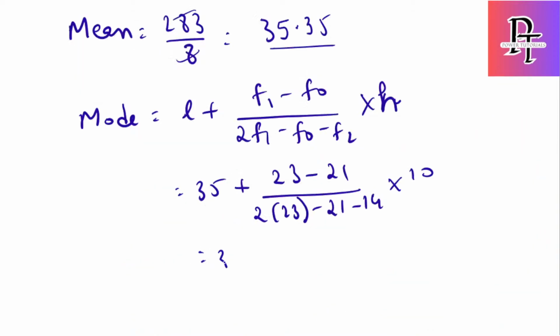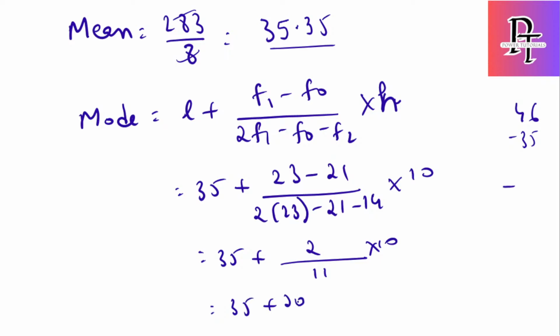So simply it is 35 plus 23 minus 21 is 2 by 46 minus 21 minus 14 is 35, so it is 11 into 10. So simply it is 35 plus 20 by 11. Let's do 20 by 11 again.